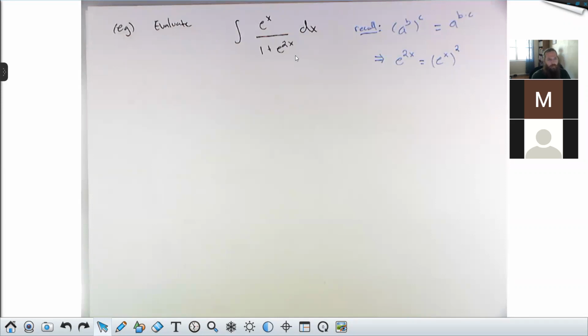We're going to see variations on this algebra trick all the time. Are we all comfy with why e to the 2x is the same as e to the x to the 2? You could also think of this as e to the x times e to the x, which would be e to the x plus x, and x plus x is 2x. That's e to the 2x.